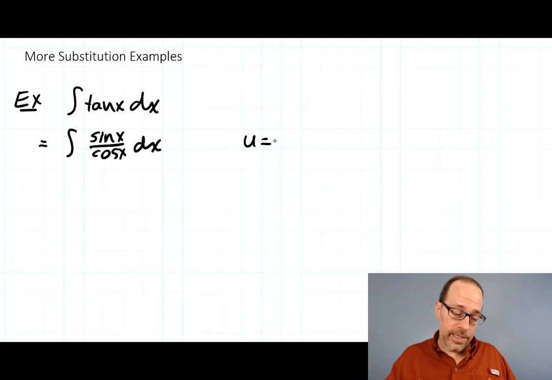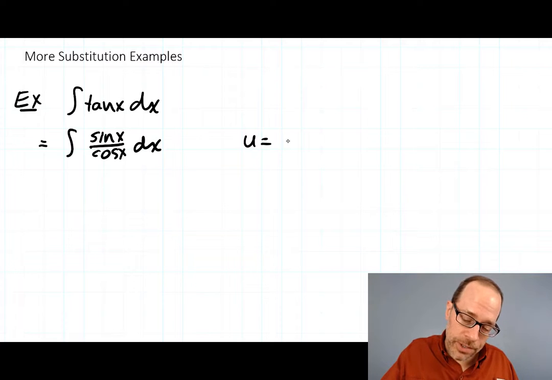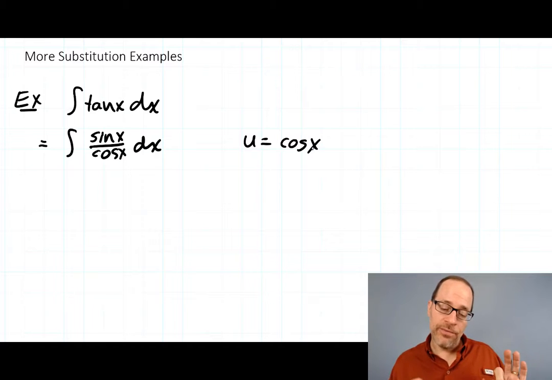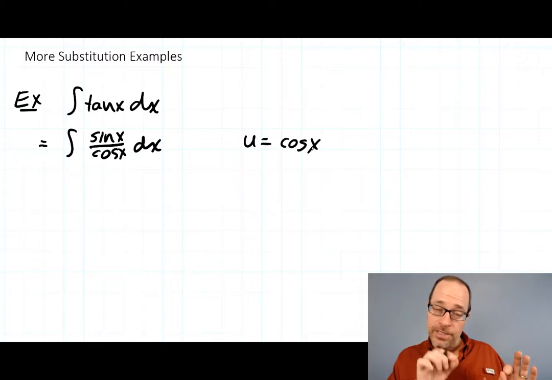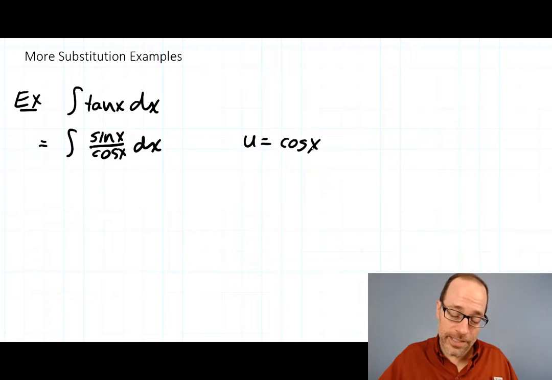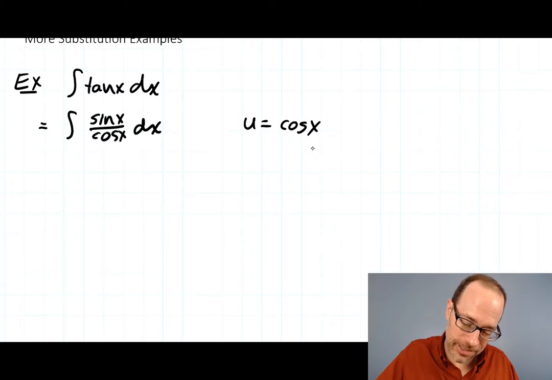So the trick is to say, oh, I should let u be the cosine of x because that'll simplify the denominator a lot, and its derivative, at least up to a constant, is the sine. So I see the sine there, sine dx, and so that is the sign of things working out for us. So let's try.